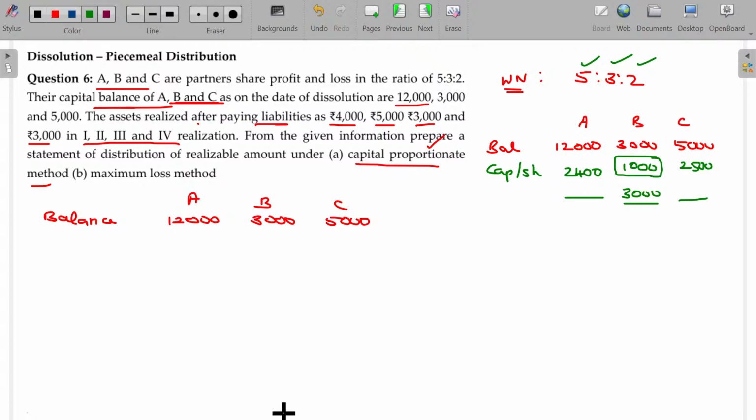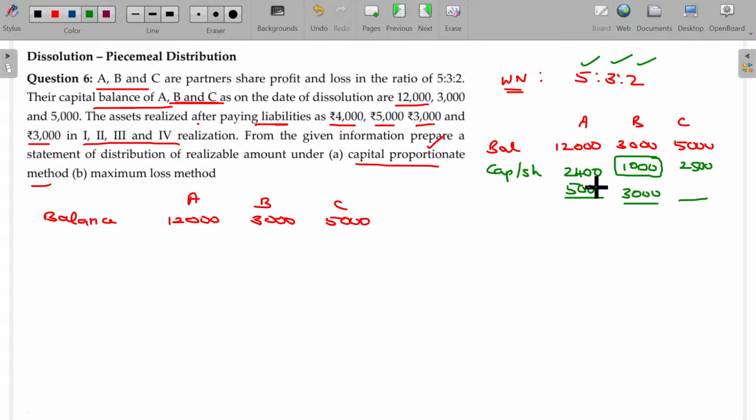But in case of A, I will say to B, you have invested only 1,000 rupees per share. For me, I am eligible for 5 shares, so I need to invest only 5,000. Per share is 1,000, so for his 5 shares, 5 into 1,000, 5,000 only. This is called capital required.